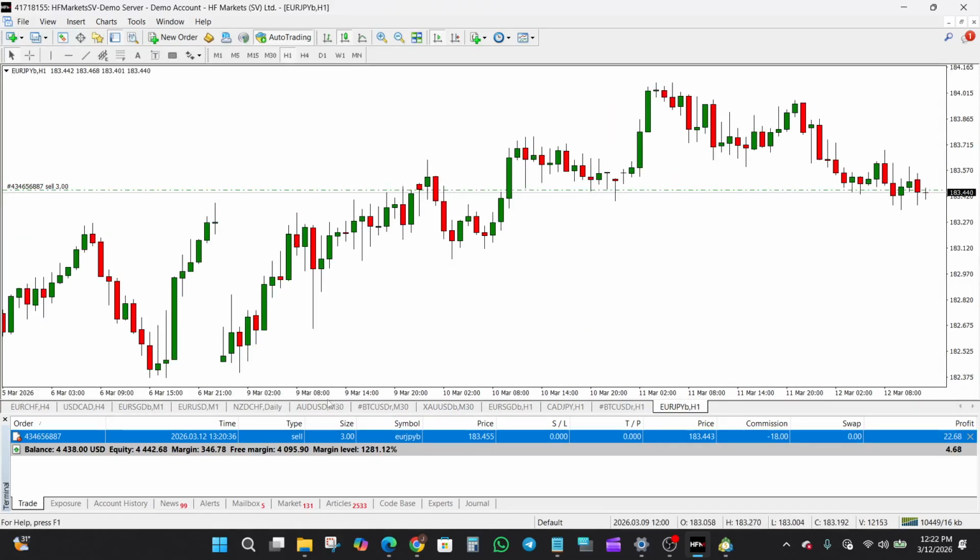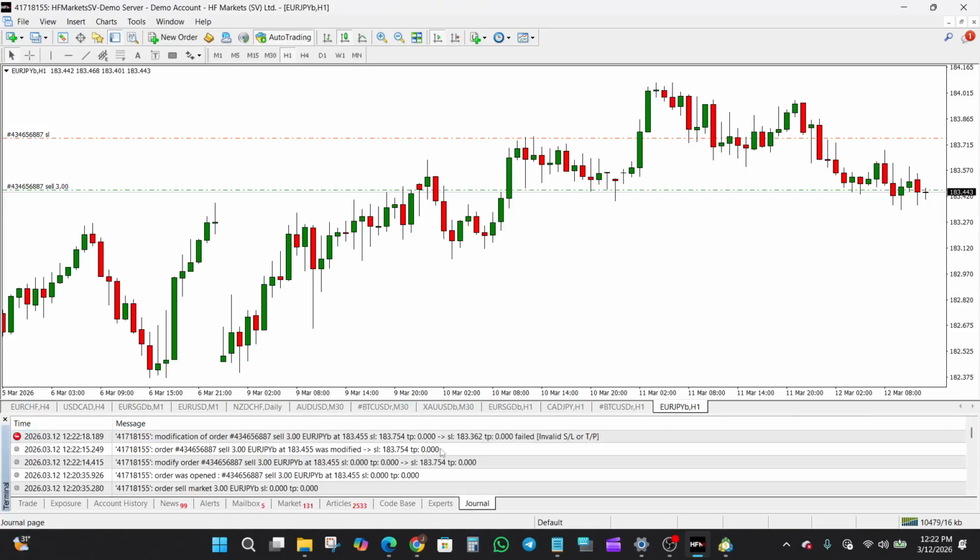All right, so I'm just going to use this as an example. We're going to set a stop loss now, and then maybe we try to modify it and it's not going to work. Let's go check our journal. So you can see invalid SL or TP.